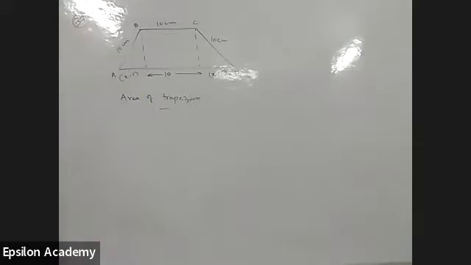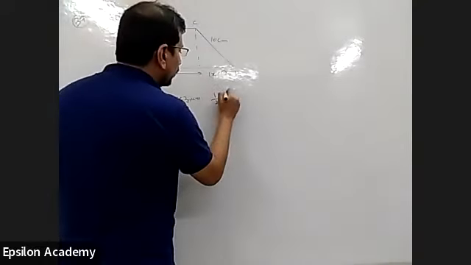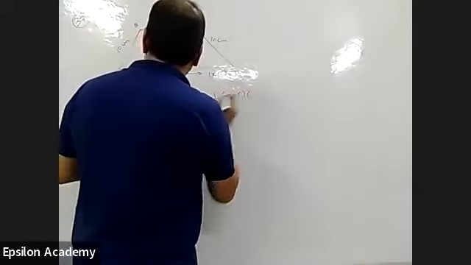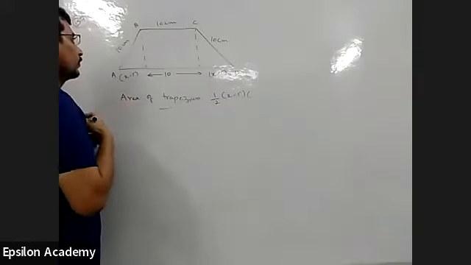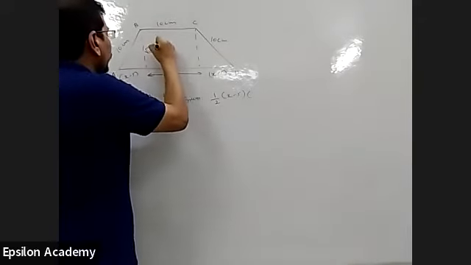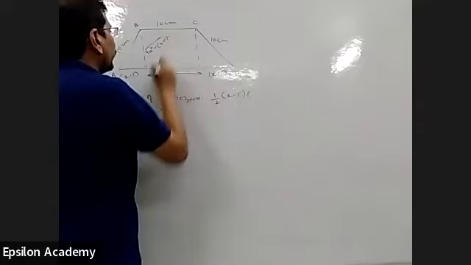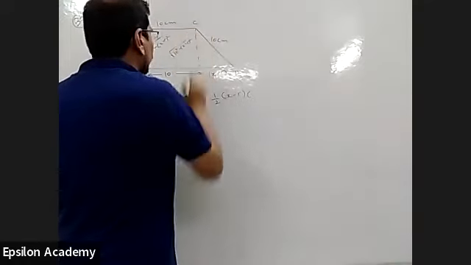Correct? So what is the area of the trapezium? Half into base into height. How much is the height? Root of 10 square minus x minus 5 the whole square. Here also it is root of 10 square minus x minus 5 the whole square.